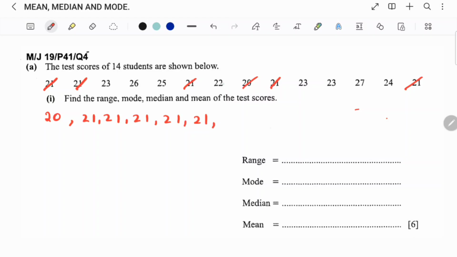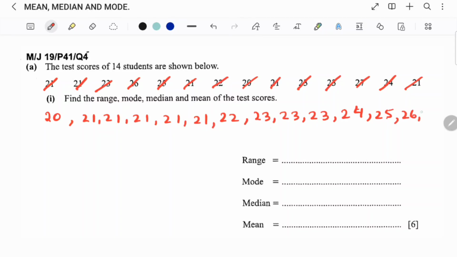Then we have the number 22, and there is no other 22, so write down 22. Now we are looking for 23. So 23 and 23 and one more 23, so write down 23 3 times. Then the next number is 24, which is only one time. And then afterwards 25. Then we have 26 and 27.